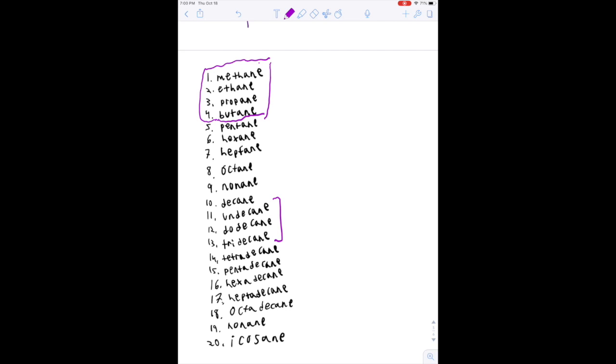Un, do, tres is pretty fun to memorize. I always memorize it kind of like a language. And it's not the French 1, 2, 3. I know that, but to me it just works. And the last one is icosane. These are all you have to memorize in order to name your substituent.